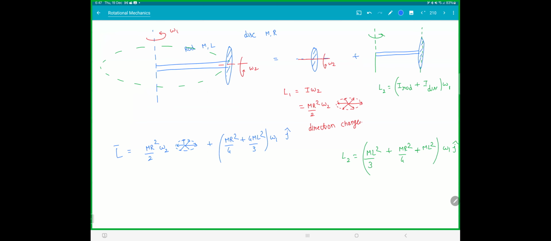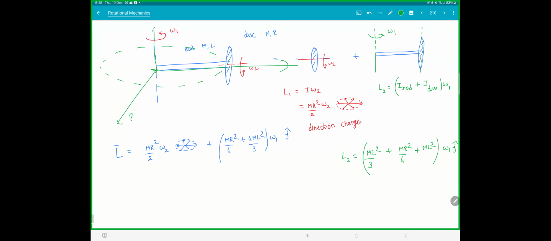How did I get j cap for both? It is rotating in which plane? XY plane, na? Omega 1 is rotating in which plane? XY plane, na? So perpendicular to that is... sorry, it's not the xy plane. This is x, this is z, and this is y.